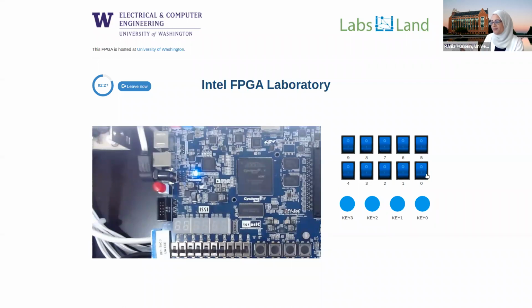These keys and these virtual buttons emulate the switches and the keys that are present on the FPGA. So we don't have to worry about how to flip the switch up and down, or whether we need to be present next to the FPGA. No, we don't. That part is emulated with these blue switches.